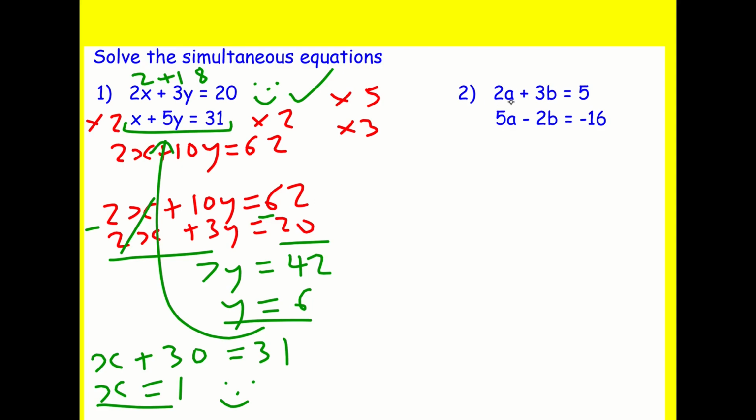So if we look at this one here, well, you could argue that I can just multiply this top equation by 2.5, and then that 2.5 times 2 is equal to 5a. Okay, and that actually would work out okay.